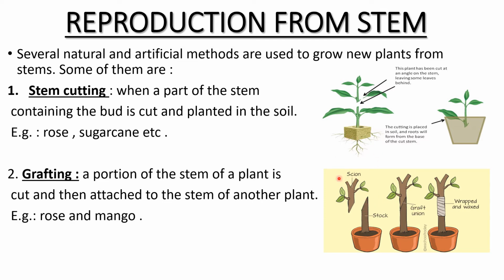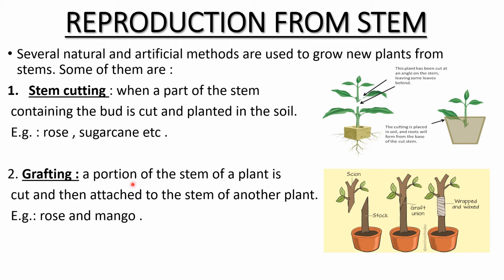This scion part is attached to the lower portion of the stem of another plant, and it has been wrapped or waxed so that the bonding gets perfectly attached.